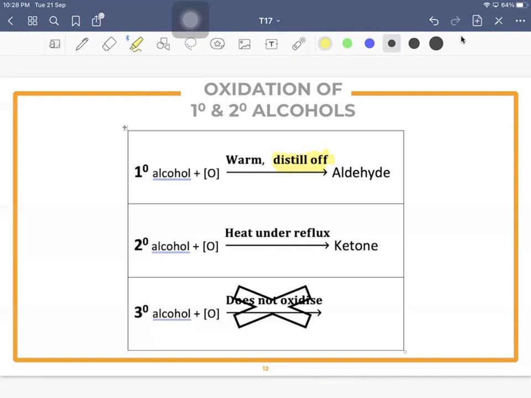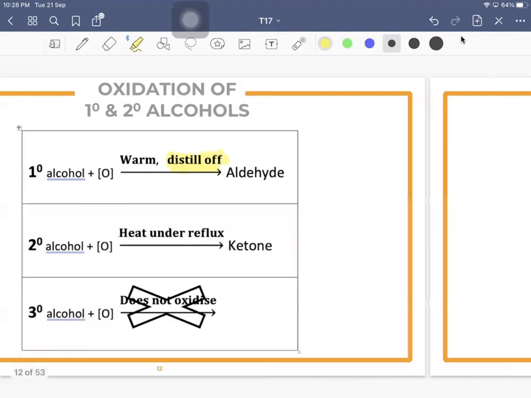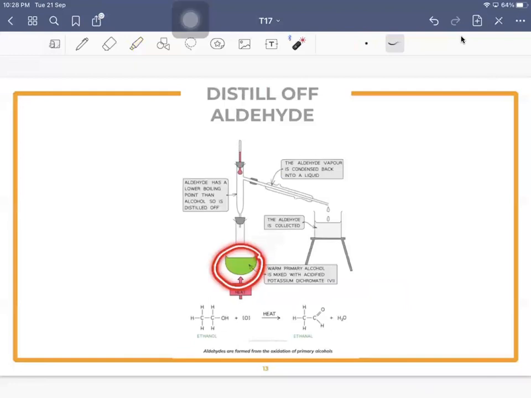Just to remind you again on the distillation setup. What happens is that you would have your primary alcohol here, together with your oxidizing agent, depending on which one you want to use, acidified potassium dichromate or acidified potassium manganate. Once you heat up your flask, your primary alcohol will be oxidized into an aldehyde.